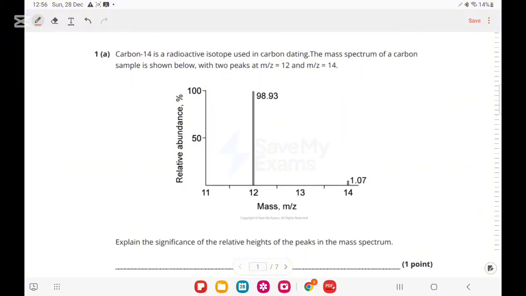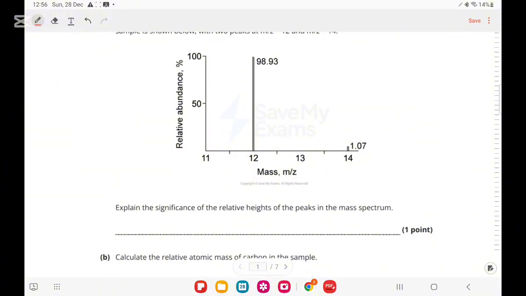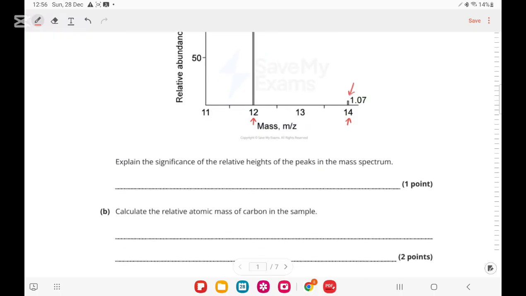The mass spectrum of a carbon sample is shown below with two peaks at m/z 12 and m/z 14. You can see that carbon-12 has 98.93% abundance, while carbon-14 has an abundance of only 1.07%.